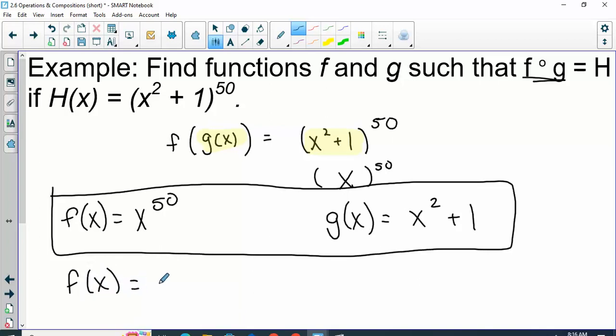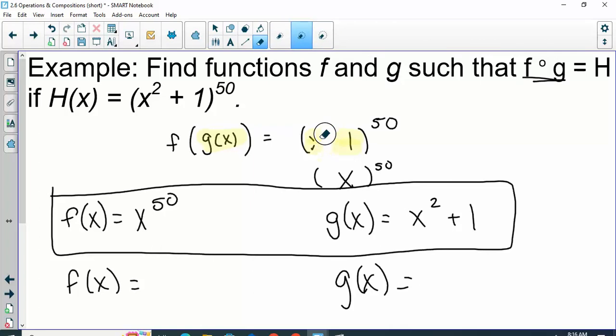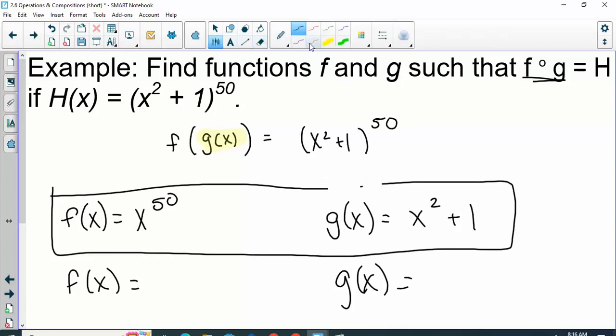Another one, if my g of x, okay, so if we're thinking the first thing we do, you could have made your g of x just the x squared, and that's also okay.